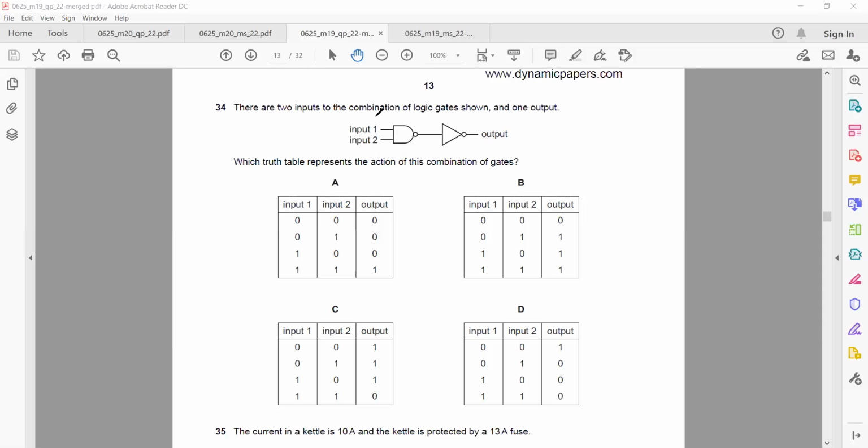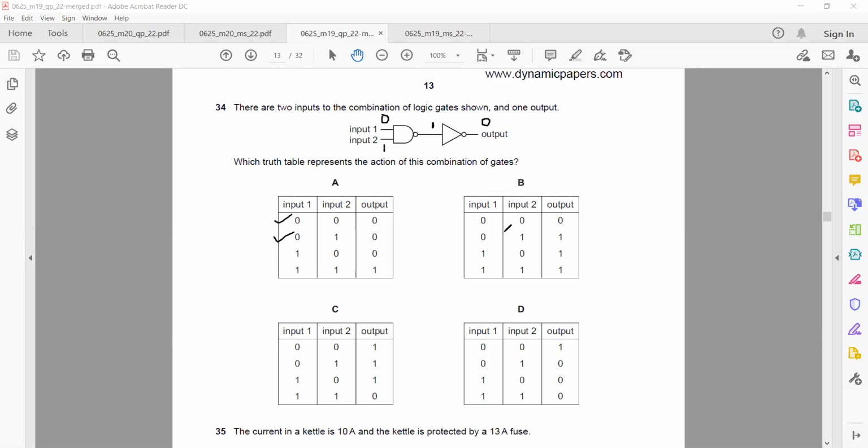Now when you check the second statement, 0 and 1. 0 and 1 is 0 for AND gate, but 1 for NAND gate. And that passes through the inverter, so it makes it 0. So when input 1 is 0 and input 2 is 1, the output is 0.